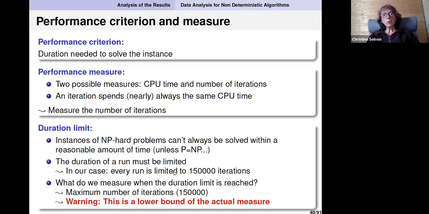In my case, I'm going to limit every run to 150,000 iterations. So the big question is, what do we measure when we reach this time limit? In this case, we are going to report the maximum number of iterations. But of course, we know that this is not the real measure. This is just a lower bound of the actual measure. And we must be very careful when we analyze results because this changes things.